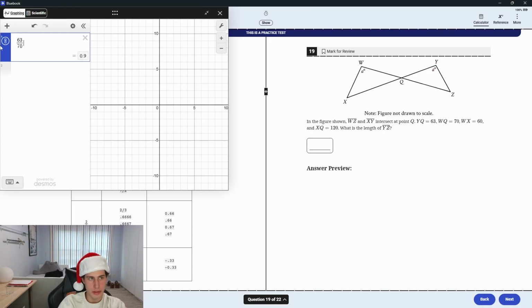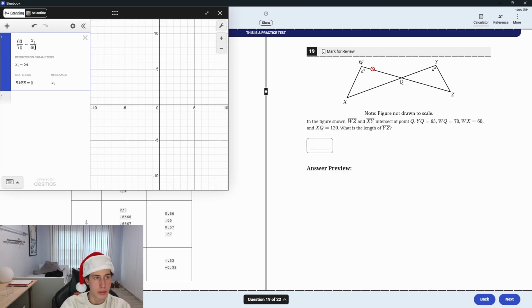So YQ is 63 over 70, which is WQ, and we have to solve for YZ, so that over WX, which is 60, and that is 54, right here. Or another way to find this is 63 over 70 is 0.9.